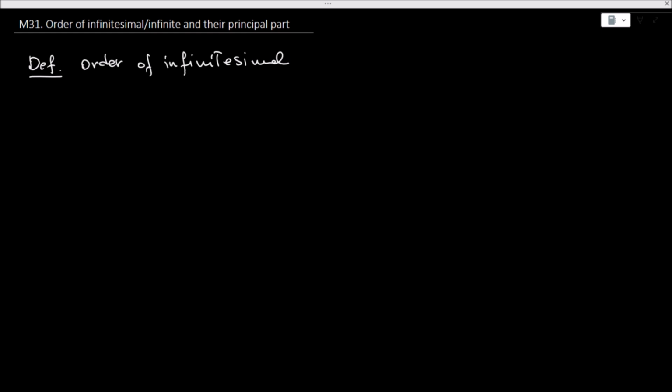This is defined for a function f. Let us be given a function f defined in a neighborhood of the origin, minus r to r, an open interval around the origin for some r larger than 0. Okay?